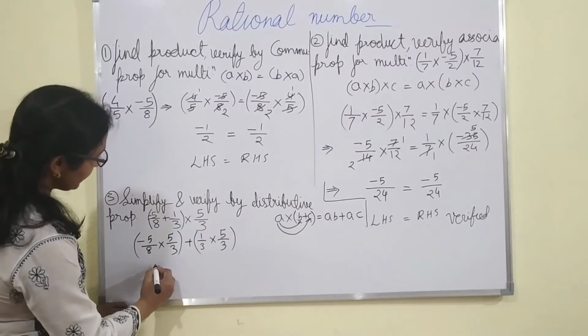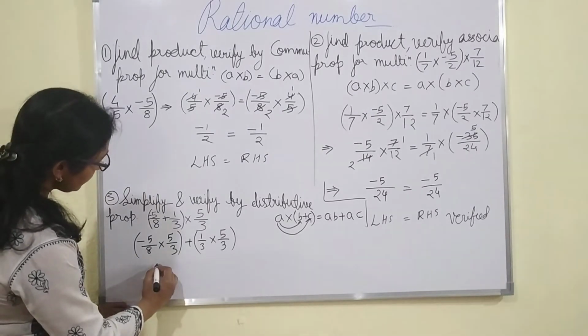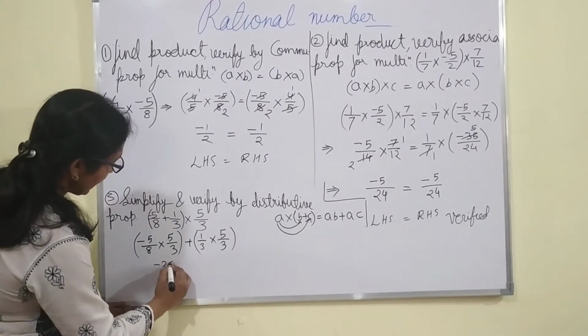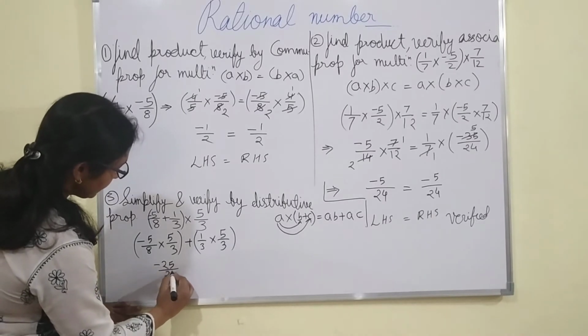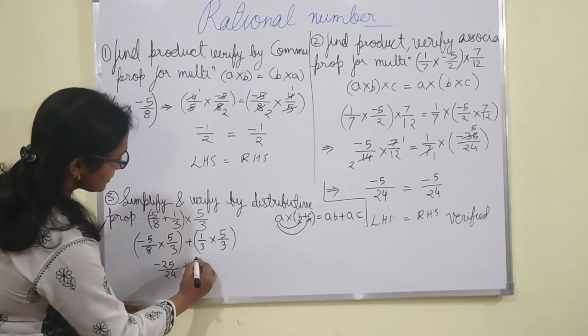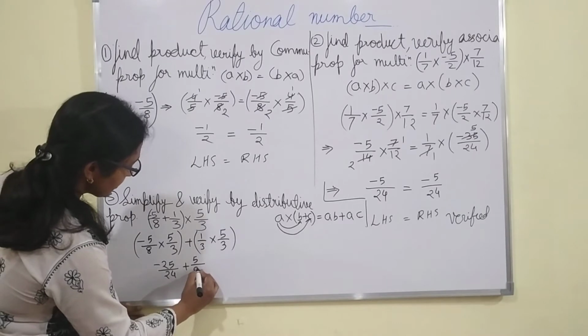So it will become minus 25 upon 24 plus 5 upon 9.